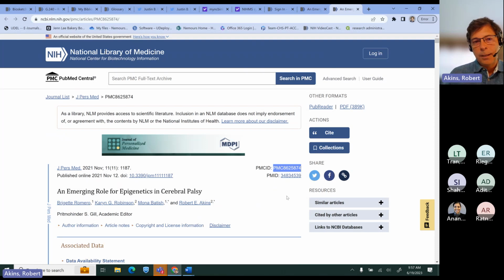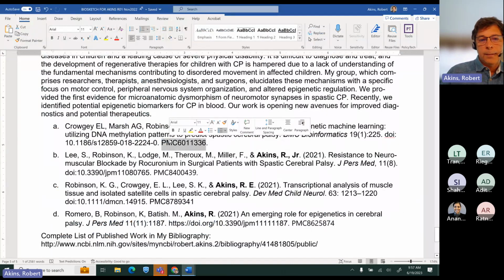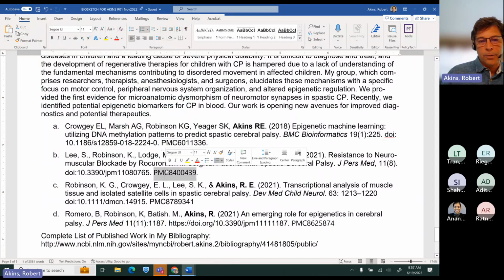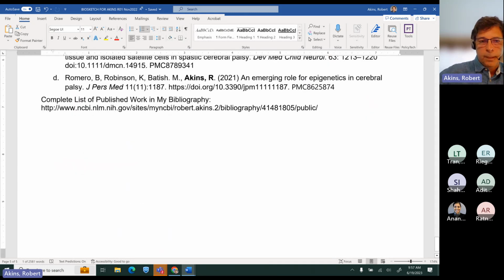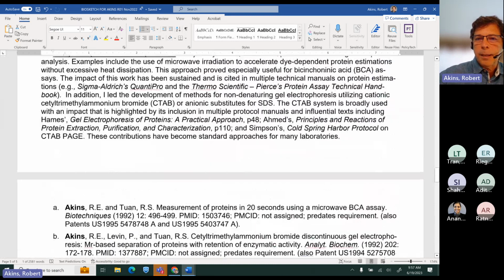That's a unique identifier for that paper. I think I have my Biosketch still open. I always put those at the end of every article. In fact, the EndNote library that I keep has PubMed Central IDs in it. If you don't, let me see if I have any other ones, like old stuff, I forget what the date is.